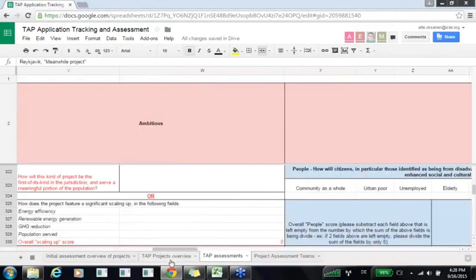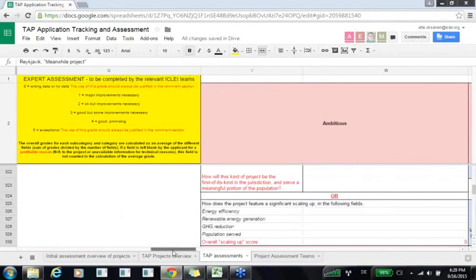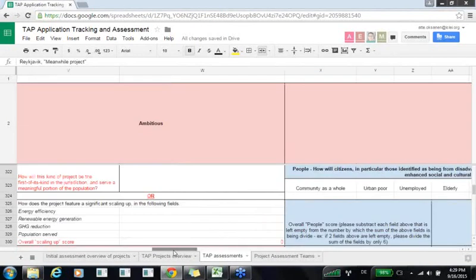Okay, now on to the review itself and the point system. The point system is used to grade the transformative potential of the submitted project according to the 3 criteria which I told you about, which make up our definition of transformative.